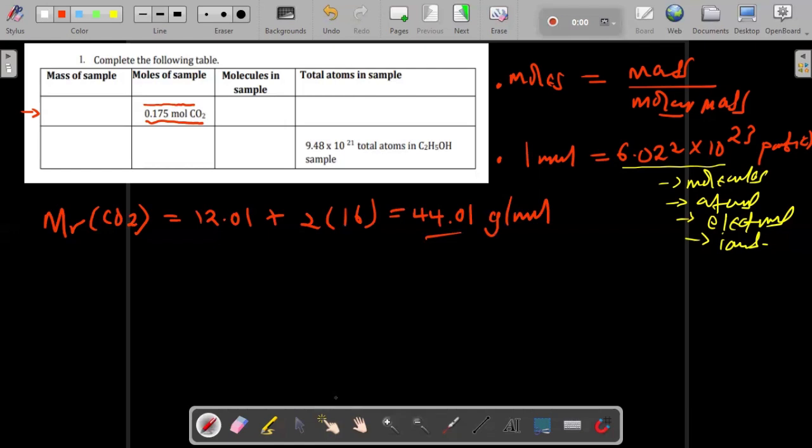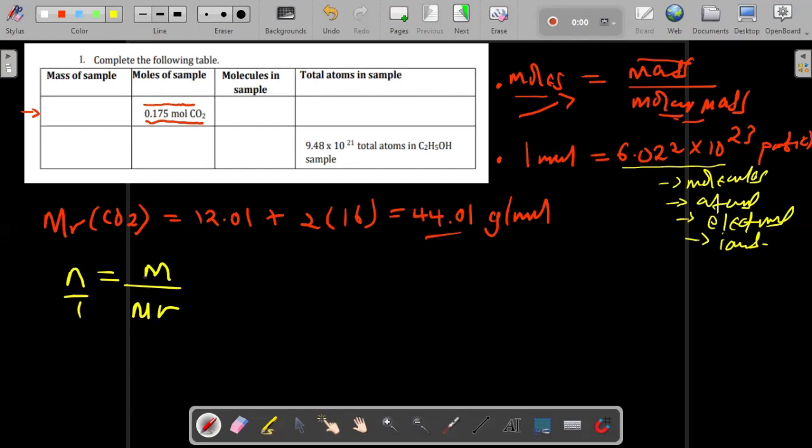So once you get your molar mass, from the formula that I wrote up here, we can find the mass, since now we have the moles and the molar mass. First let me write the normal formula. Moles, indicated by n, is equal to the mass divided by the molar mass.